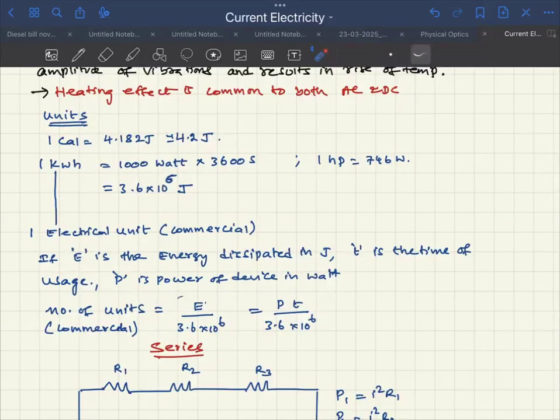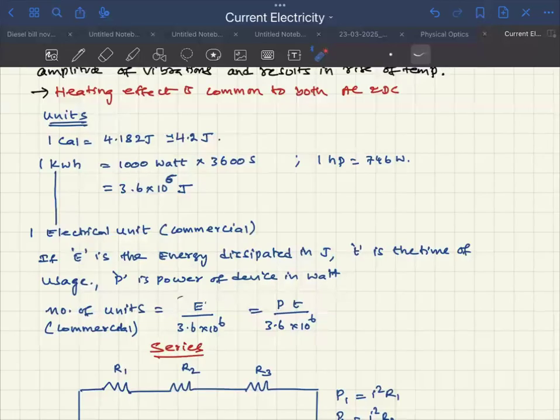Kilo means 1000. Watt hour means 3600 seconds. So totally this is 3.6 into 10 power 6 joules. In the commercial meters we use, 1 unit means when you are using 3.6 into 10 power 6 joules, the meter shows that you have used 1 unit.